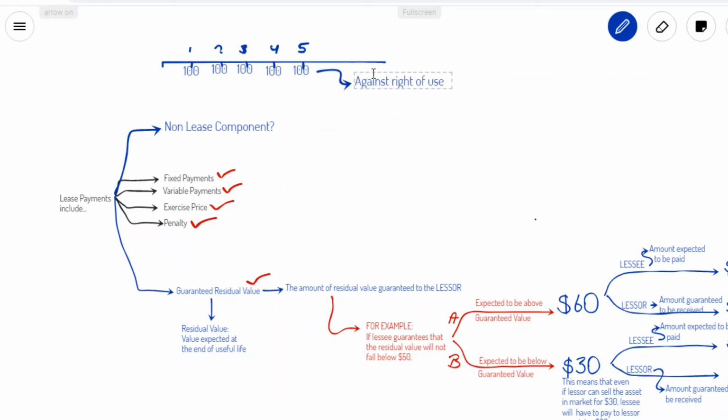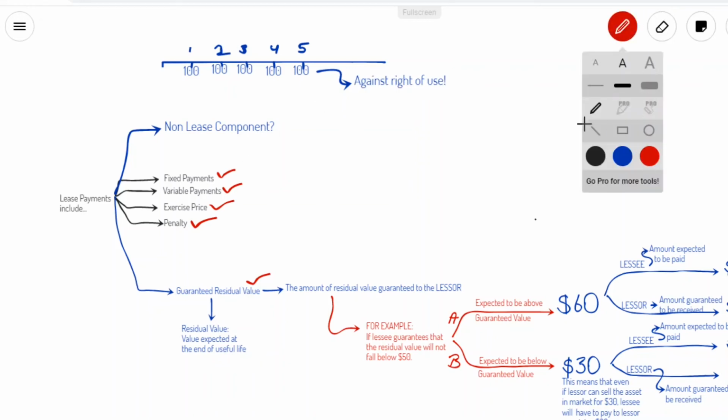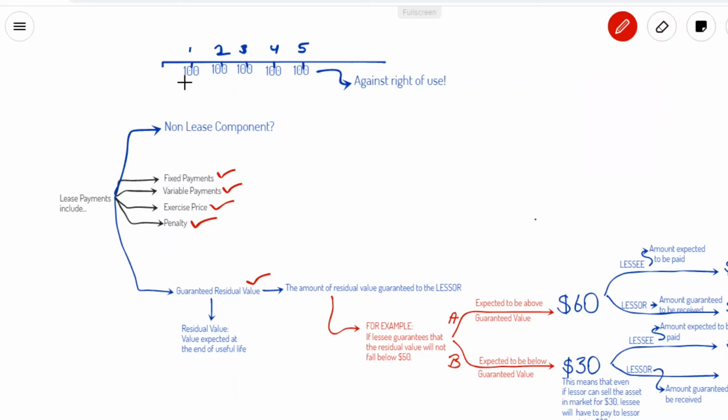Now what if the lessor also promises to the lessee to provide service and maintenance of that asset? And for that service and maintenance, the lessor requires an extra $10 every year, which means that in addition to $100 for the right of use of that asset, the lessor is also demanding $10 for service and maintenance.